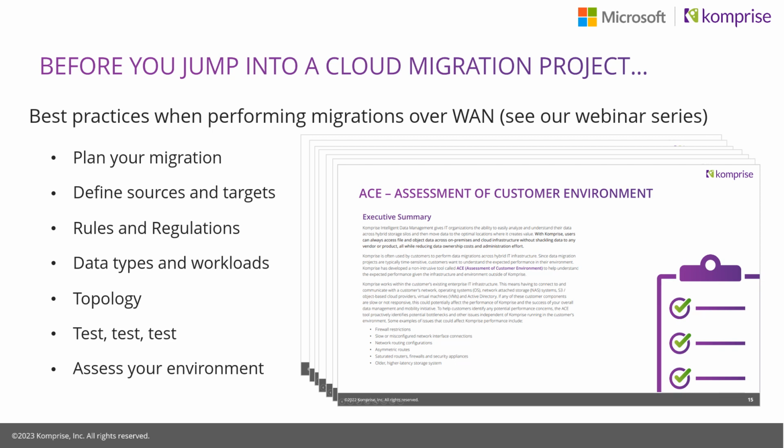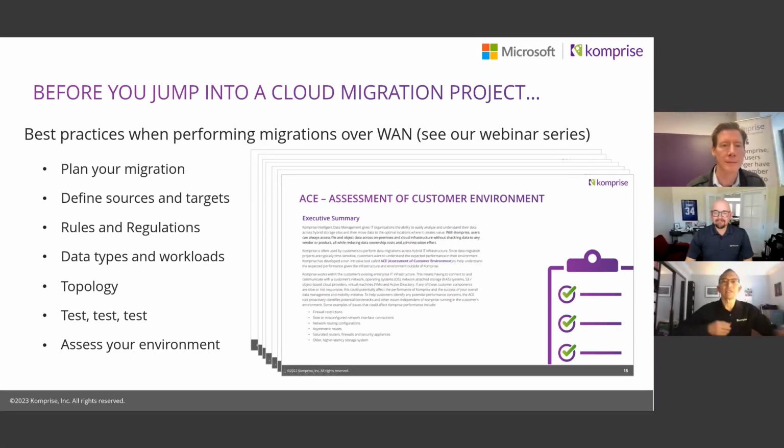We can help them see things that they didn't know existed in their environment. A lot of times networks just grow organically over time, and certain teams come in, certain teams go. Not everyone has a full picture of everything. The ACE tool can help give you that visibility into the environment even before Komprise gets involved.